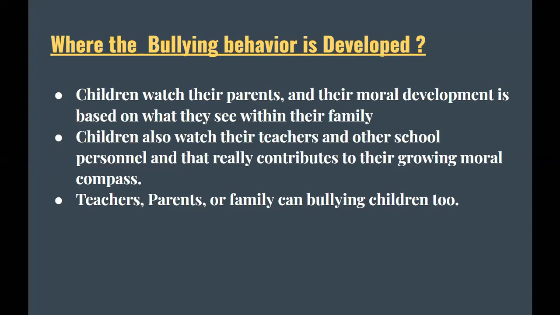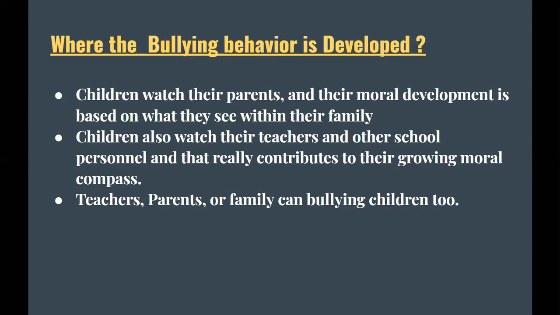It could also be their peers, that they see something they do, so they continue to do it. It just depends. A lot of behaviors come from a lot of different places. But I would say that most kids, when they're young, look to their parents, their teachers, and all the people around them to help them understand how to navigate life.